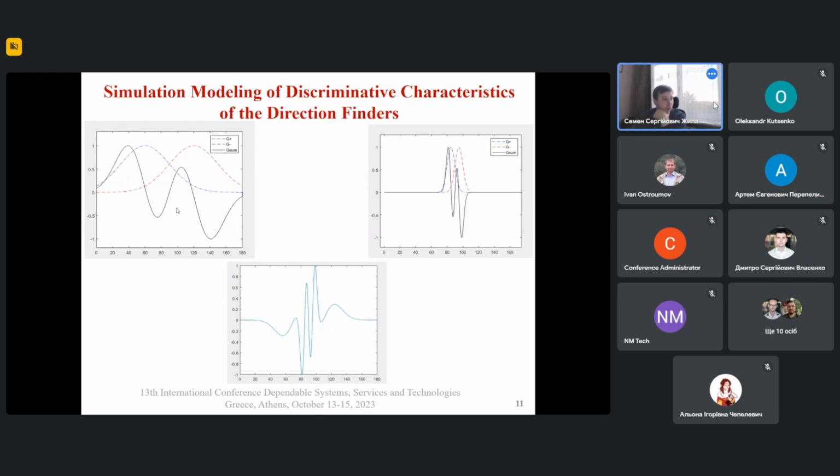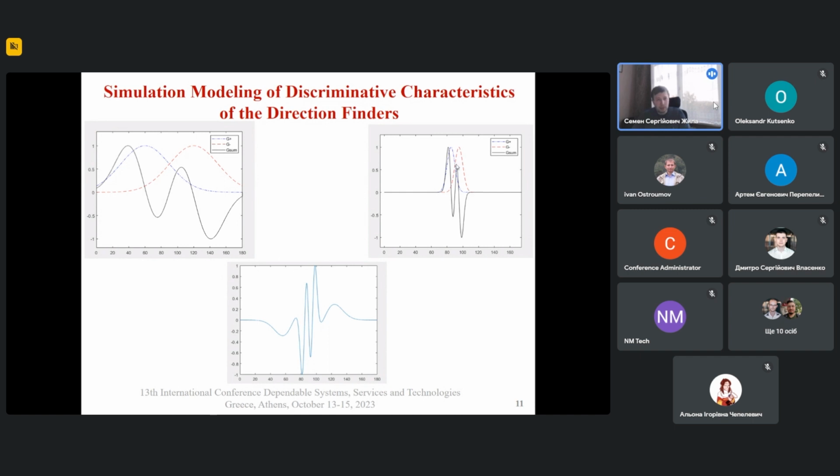In this case, near the central direction, we have only this linear region of possible measurements of the angle of direction of radio emission. Other directions we cannot measure, because in this case we will have ambiguous measurements and we will not understand where the real signal is.